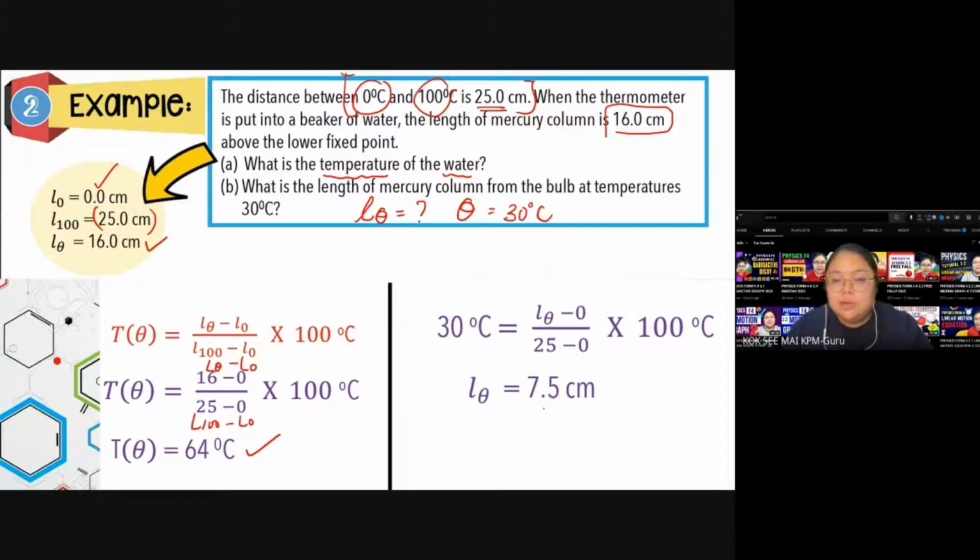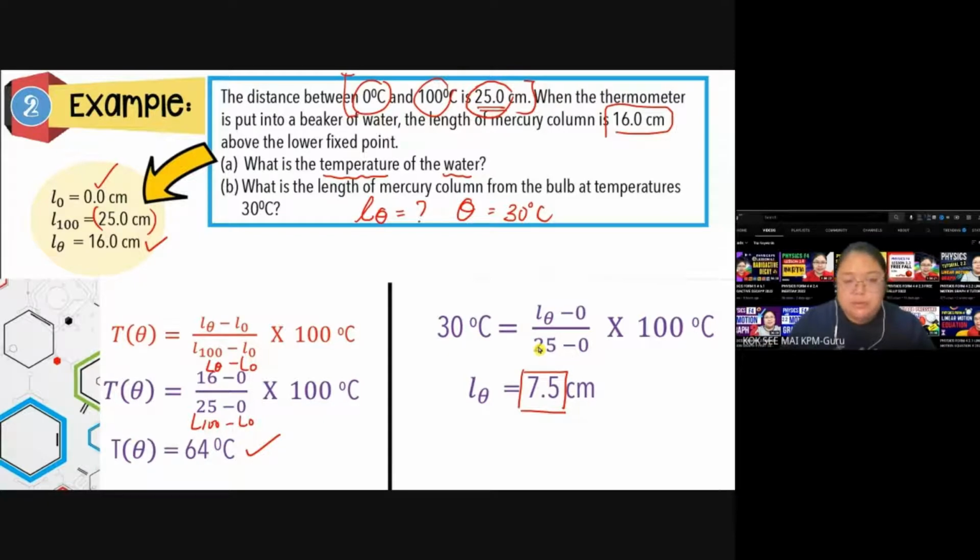So you need to know your reading for L theta must be between 0 and 25. It cannot go over 25. 25 is already the maximum. Now they say the liquid is at 30 degrees Celsius, so your reading here is almost halfway. We don't know exactly how many, maybe more or less, but it cannot be more than 25. That's all. Okay, 1 and 2 are just simple calculations.